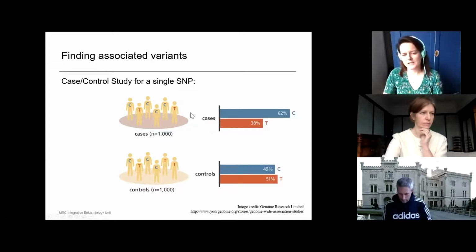And for a particular SNP, we're just comparing the frequency of a particular allele in the cases with the controls.